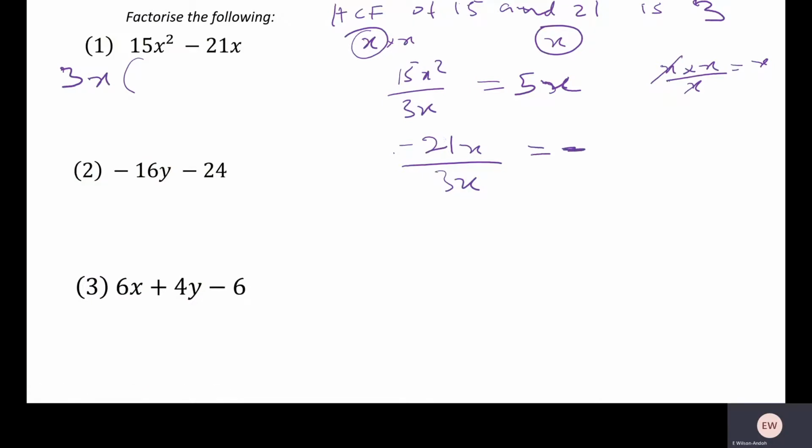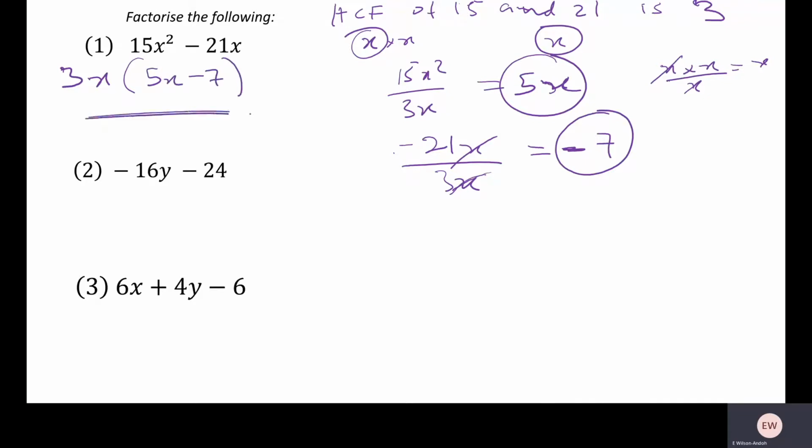And then 3 divides 21 7 times. Now we have x here. This x will cancel. So we are not going to have any variable in our answer. So these will be the terms that will come in the bracket. So we are going to have 5x minus 7.